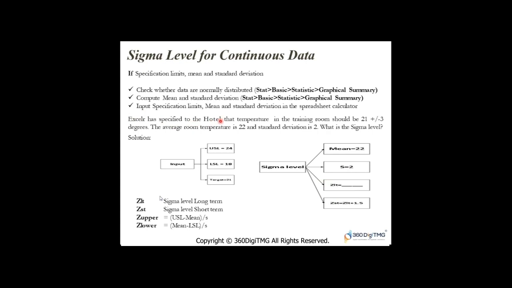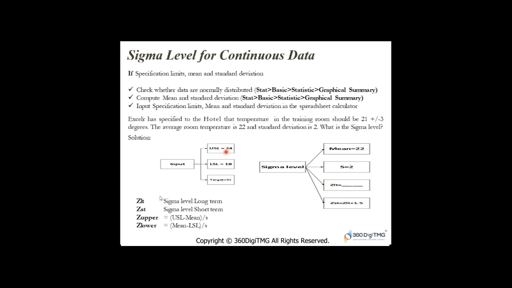XLR has specified to the hotel that the temperature in the training room should be 21 plus or minus 3 degrees. The average room temperature is 22 degrees and the standard deviation is 2. What is the sigma level? First, try to write down the information which is provided to us, the inputs. USL is 24.